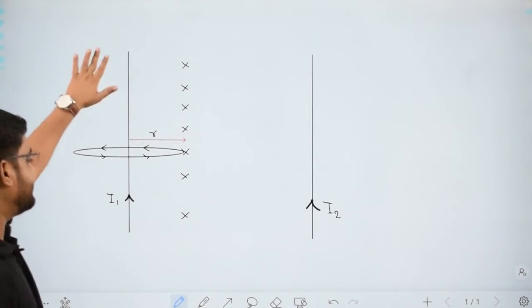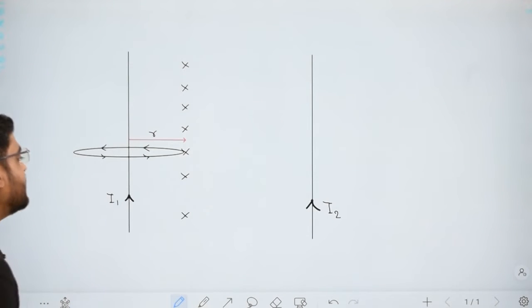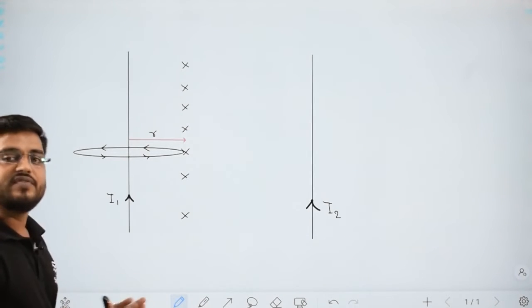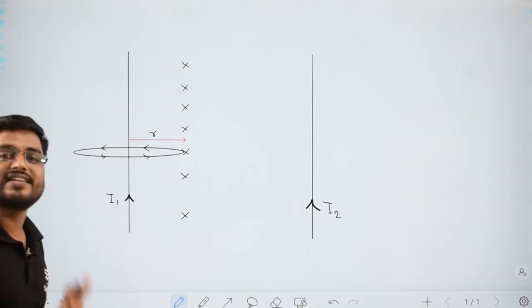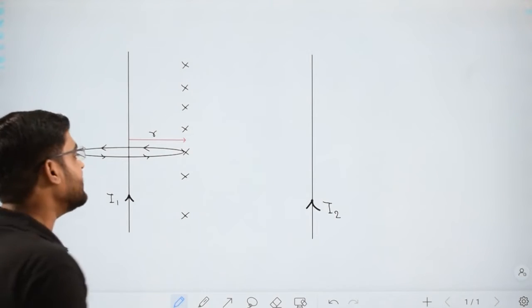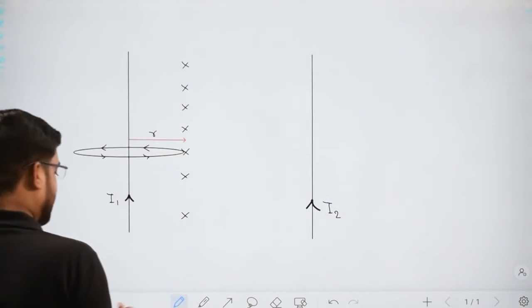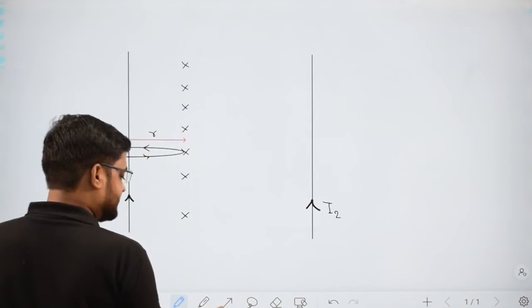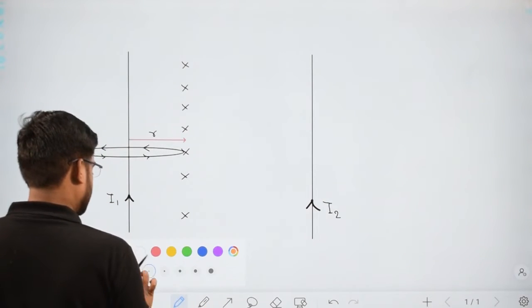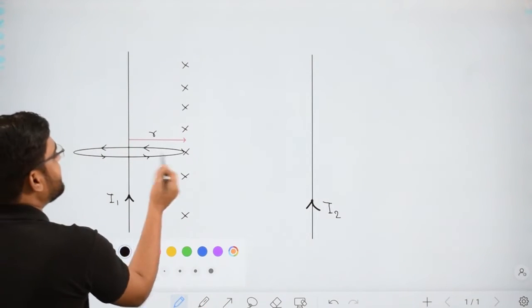Here I am saying this is my wire 1 carrying a current I1, and I am going just one way around. I will say wire 1 is the one producing the magnetic field, and it is this magnetic field which is experienced by wire 2. So let us first find how much the magnetic field is.